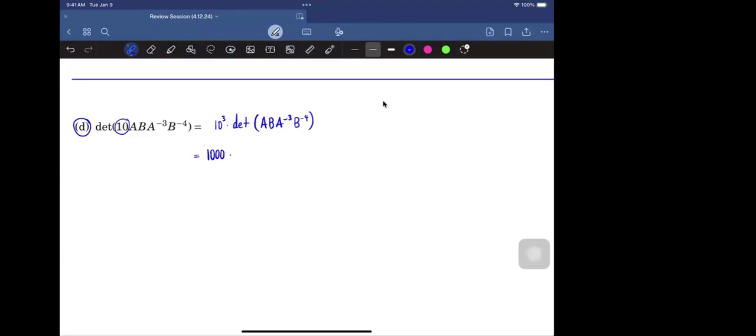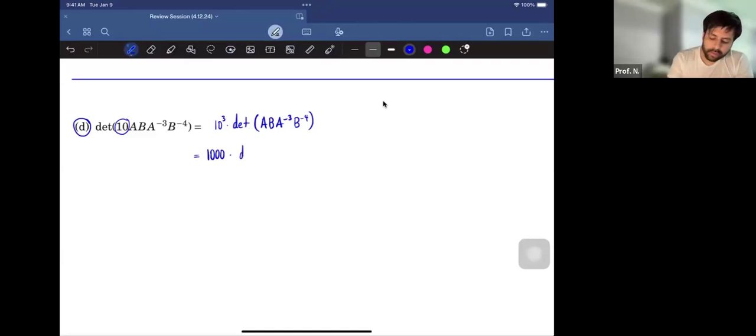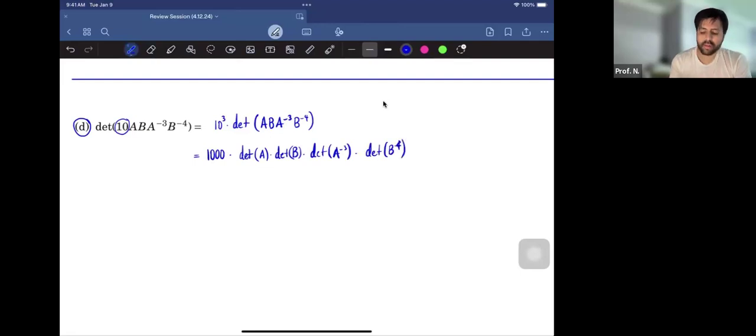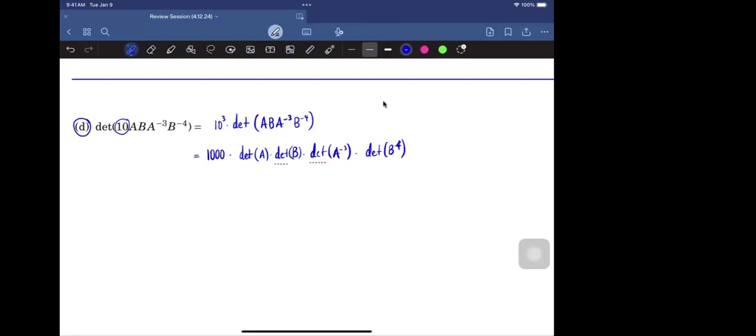Calculate the determinant of A. You could definitely separate them, right? We know we can do this. The determinant of A times the determinant of B times the determinant of A to the -3 times the determinant of B to the -4, correct?